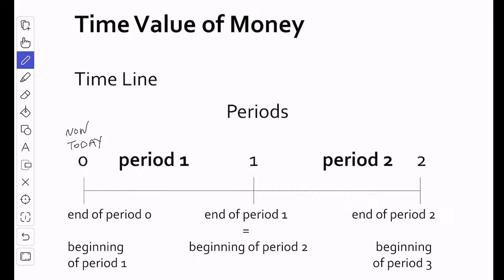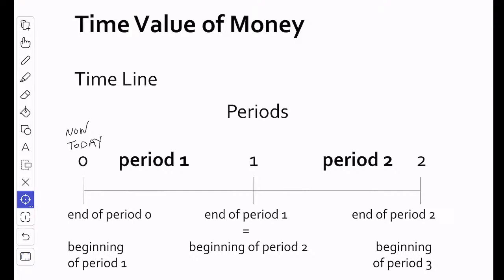Okay? So each tick mark denotes 2 things. You can have the future perspective, making it the beginning of period 1, but it also has a perspective relative to the past. It's the end of what happened before, end of period 0.